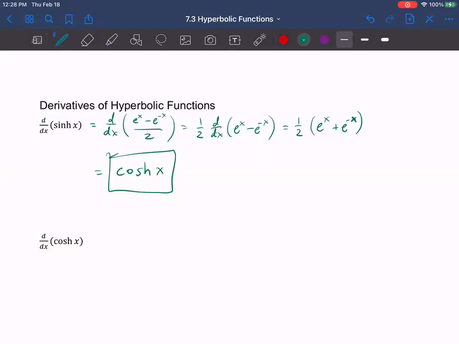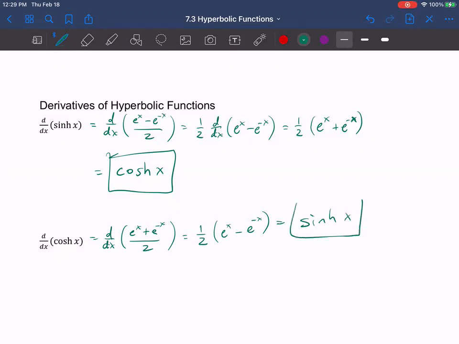All right, so this one is the derivative of e to the x plus e to the negative x over 2. And then that's 1/2. Derivative of e to the x is just e to the x, and derivative of e to the negative x is minus e to the negative x. And that right there is sinh of x.